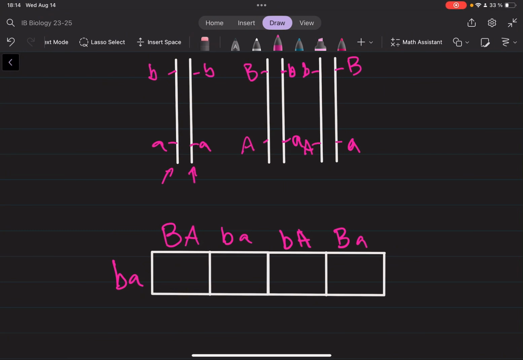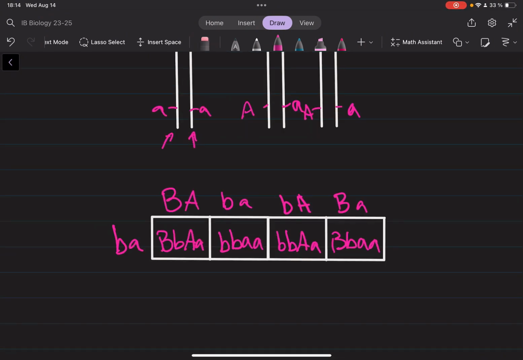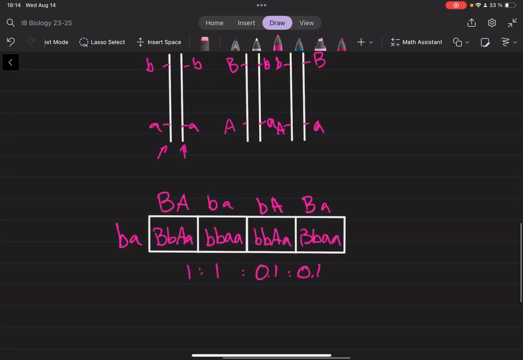So now we fill this all out, and in the end we get this. However, this does not mean that it's a 1:1:1:1 ratio. It is a 1:1 to 0.1 to 0.1 ratio, and that's again because recombination may not happen, or recombination happens and it doesn't target this specific gene, therefore the recombination of that gene doesn't happen.